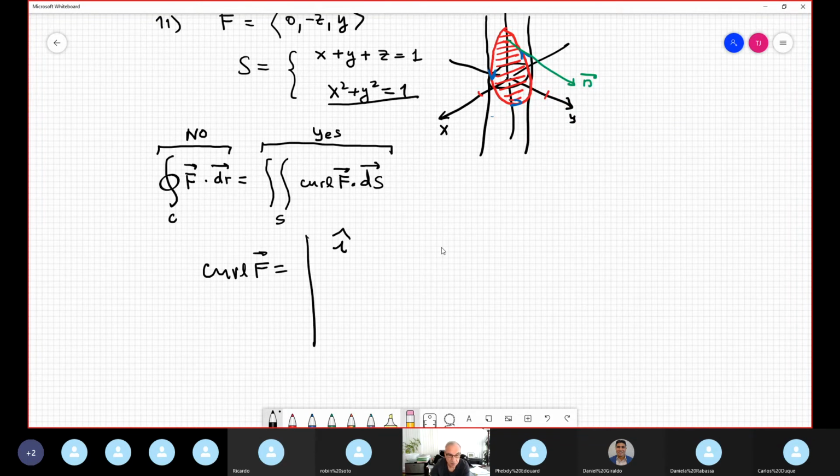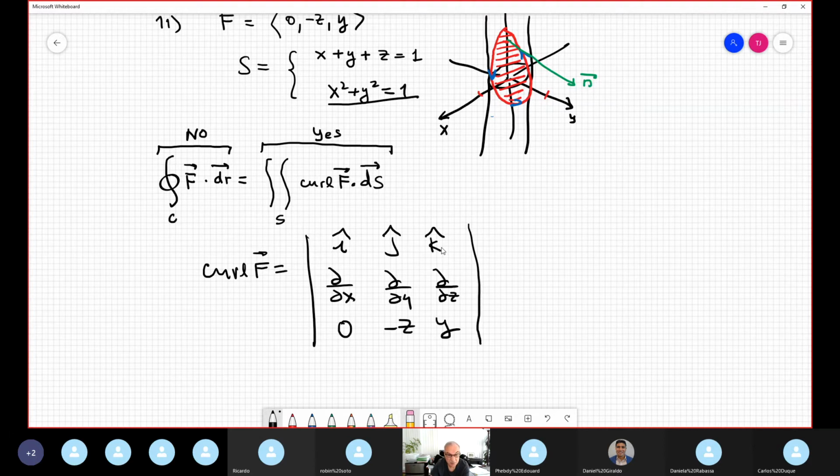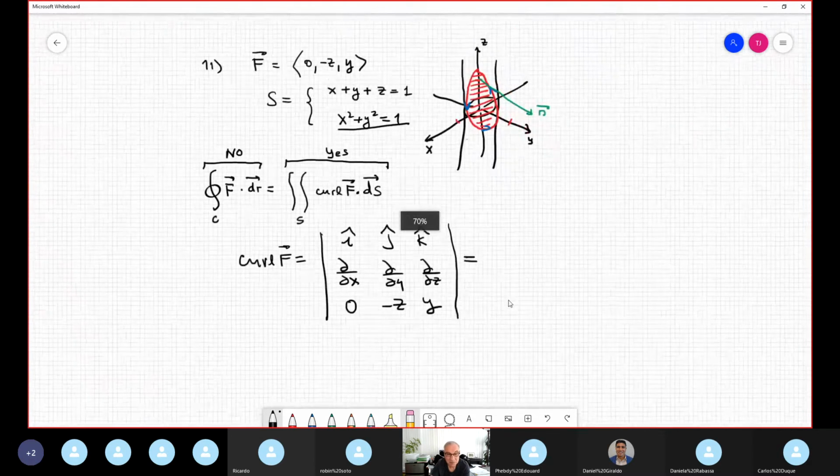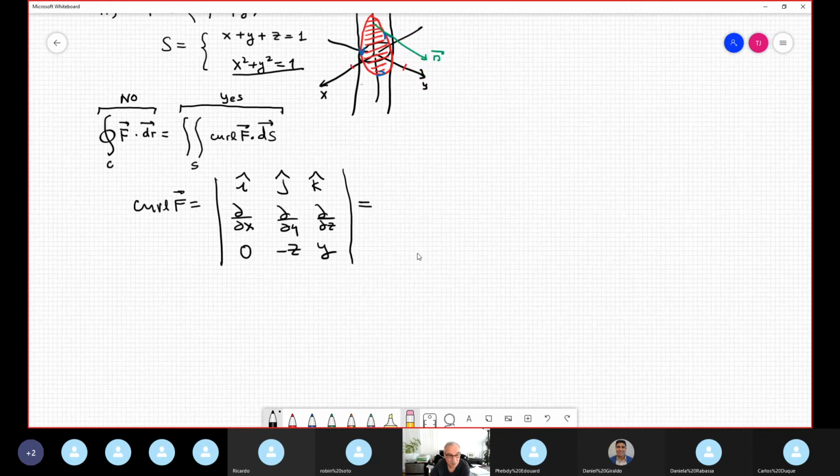It's a famous determinant that you frequently see. This is symbolic: partial derivative with respect to x, partial derivative with respect to y, and partial derivative with respect to z. And P, Q, R, who is PQR in our problem? 0, minus z, and y. This is easy, so let's do it by hand.